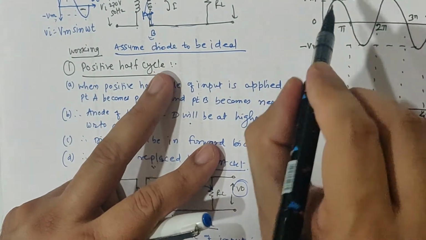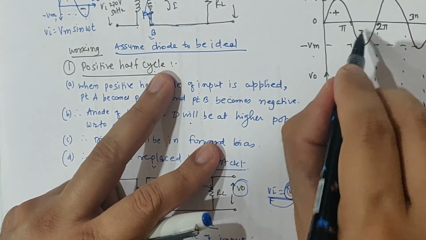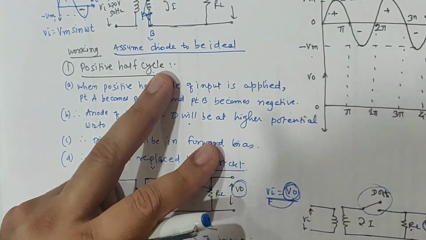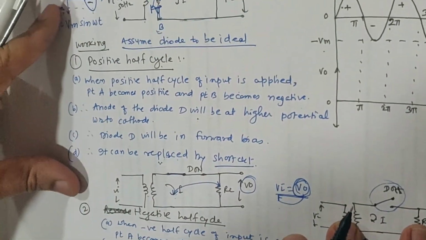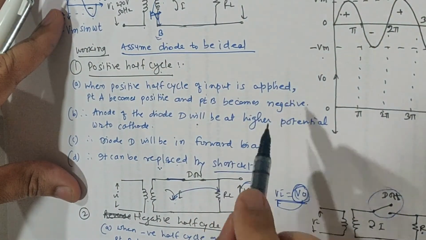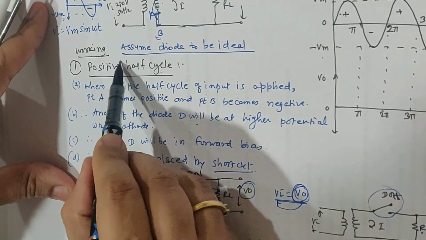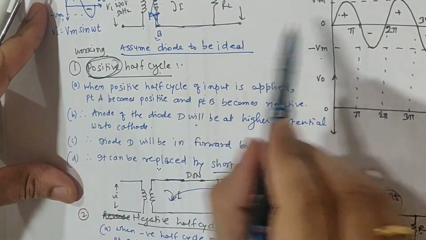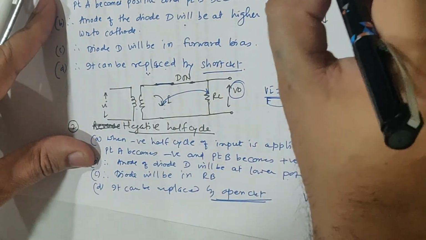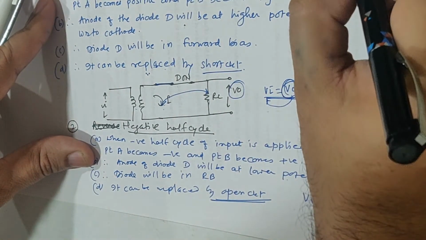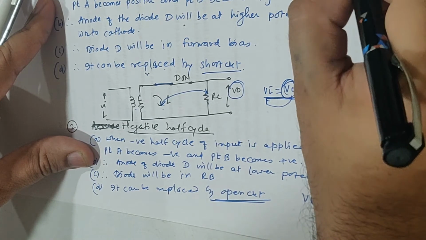See this, what will happen. This is positive half cycle, this is negative half cycle, this is positive half cycle, this is negative half cycle. Now as per our working, when forward bias or positive supply is applied, the output is equal to the input, meaning it goes from 0 to Vm and then back to 0.